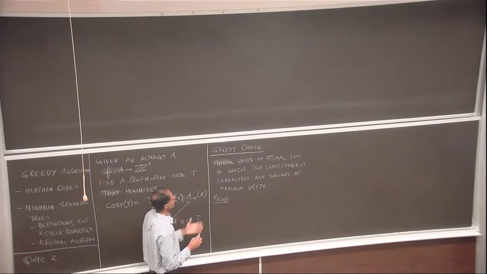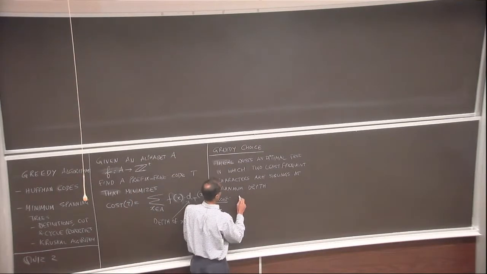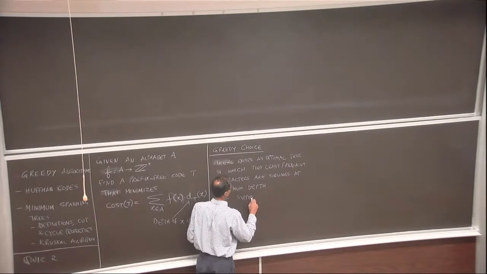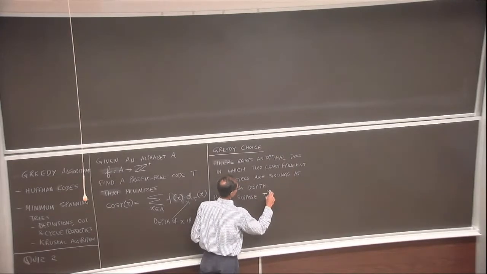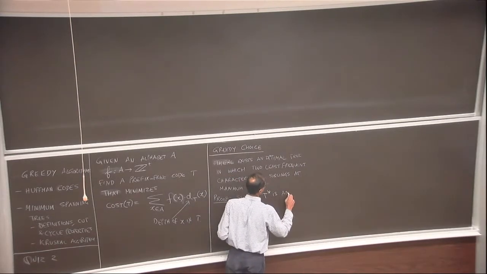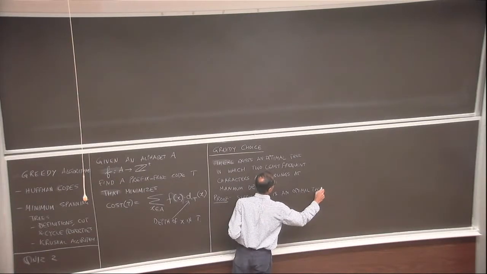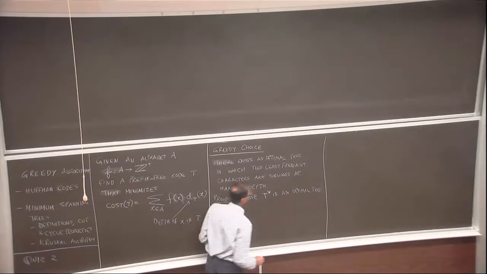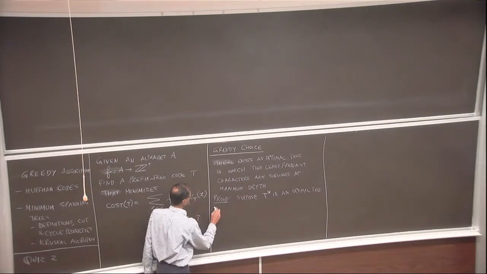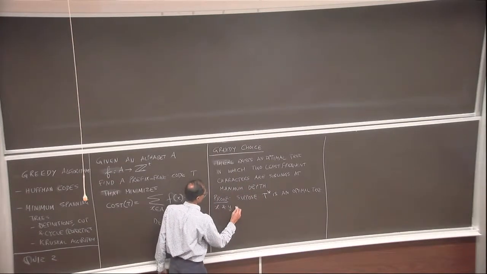Okay? So, suppose T star is an optimal tree. And suppose x and y are the least frequent characters.